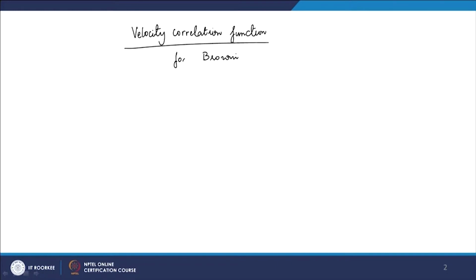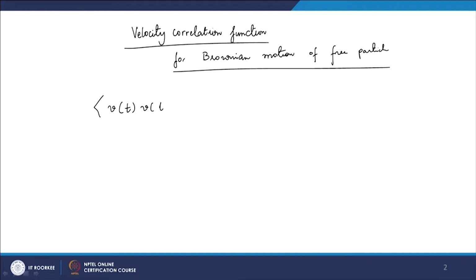And so far, we have found the velocity correlation function again for Brownian motion of a free particle as the following: <v(t)v(t')> ensemble averaged is equal to kBT by m times exponential of minus |t'| by tau v.